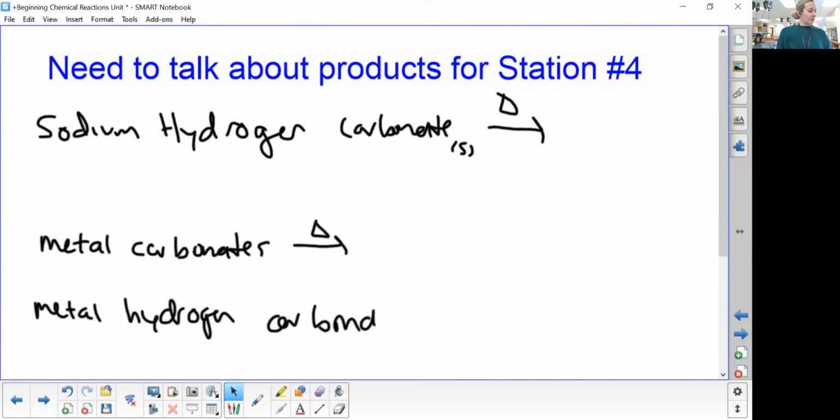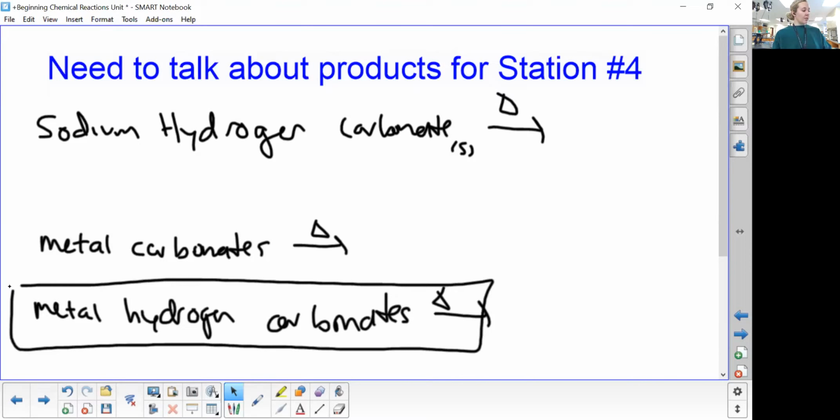And there's a difference, okay? So metal carbonates is in your guide. But metal hydrogen carbonates are a little bit different in what they do.